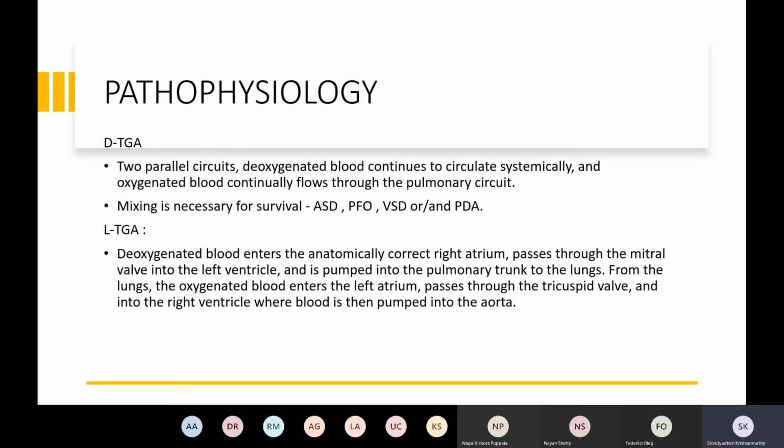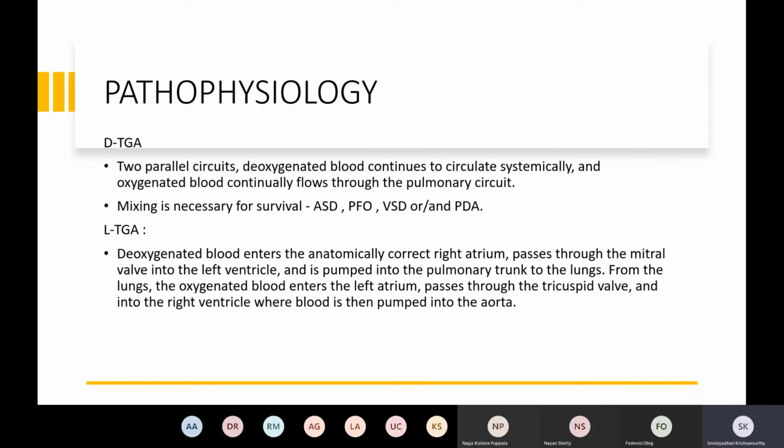The mixing can happen at different levels: between the atria, through an atrial septal defect or PFO; at the ventricular level, through a ventricular septal defect; and at the great arteries, where there is a PDA connection.